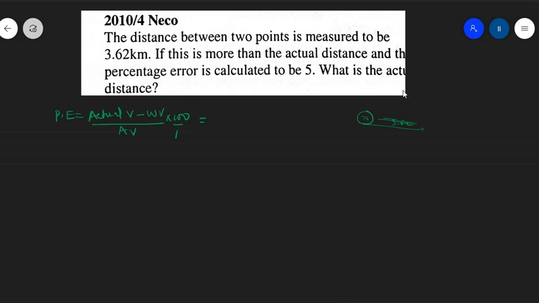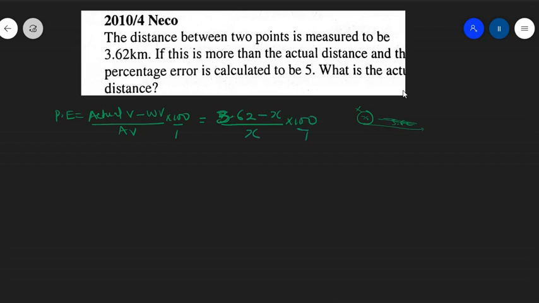So let's assume the actual value is x. So we're going to have 3.62 minus x over x times 100 over 1.